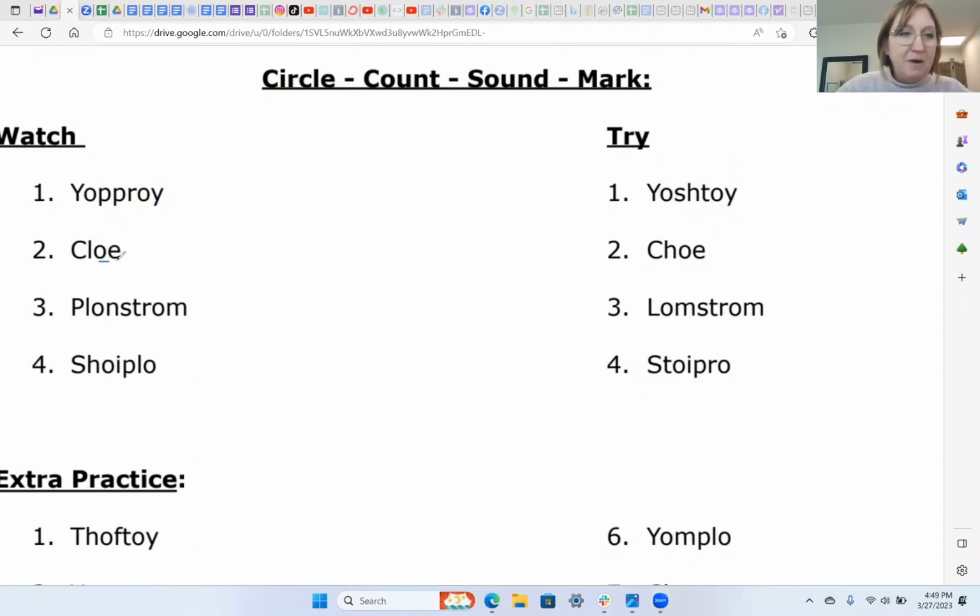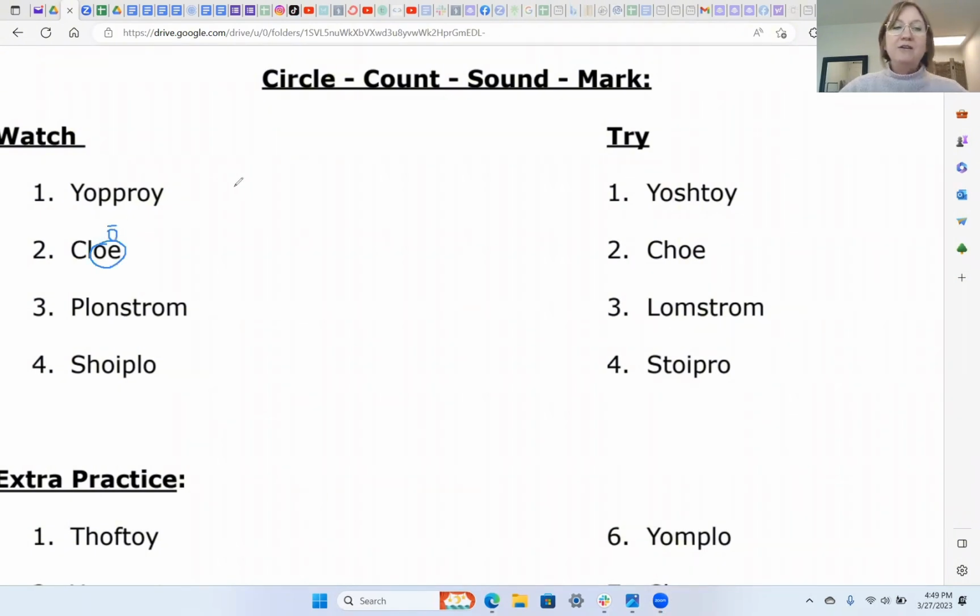Okay, number 2, I'm going to mark my vowels. Nope, I did that one wrong. OE does say O. I think I'll mark it as a vowel team. It's going to make the long O sound.